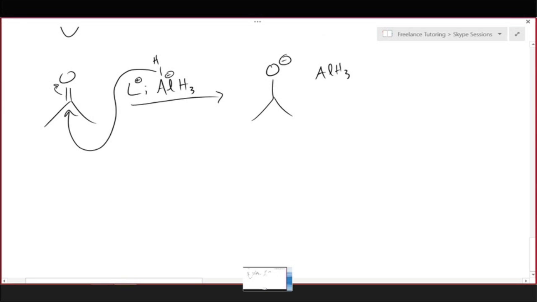Okay, looks like we'd have to add an acid, a protic, a second step, so that that oxygen could lose its negative charge.